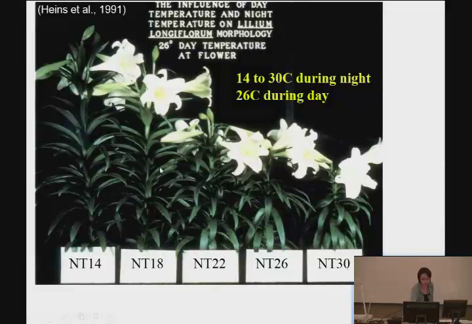If you look at the DIF, nighttime 14, daytime 26, so 26 minus 14. DIF is always day minus nighttime, so 12. The next one is 8, right? The next one is 4. The next one is 0. The next one is minus 4. So the nighttime is warmer than daytime. And you can see that the greater the DIF, the taller your plants are, right?